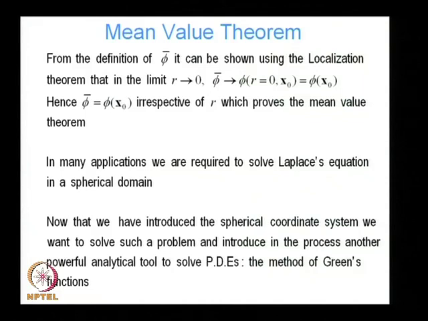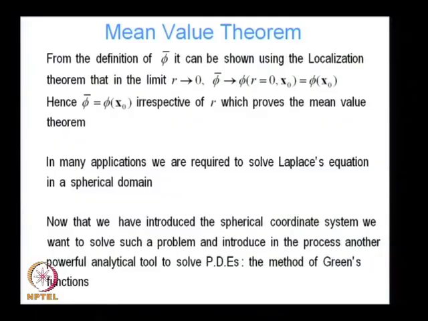Whatever be the size of the sphere, my phi bar is not changing, so as I make my sphere smaller and smaller, in the limit that r goes to 0, phi bar has to be equal to the value of the function at x 0. Therefore, phi bar is equal to phi of x 0 irrespective of r, which proves the mean value theorem. So, that is important.